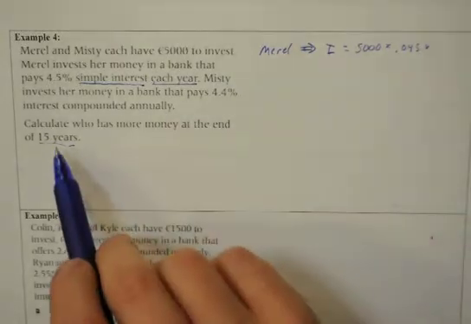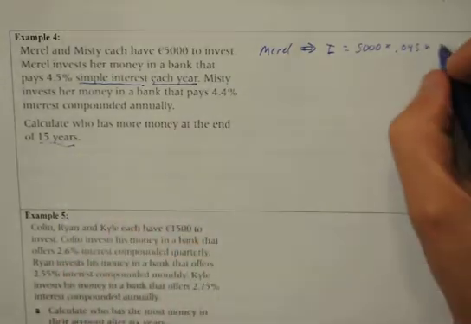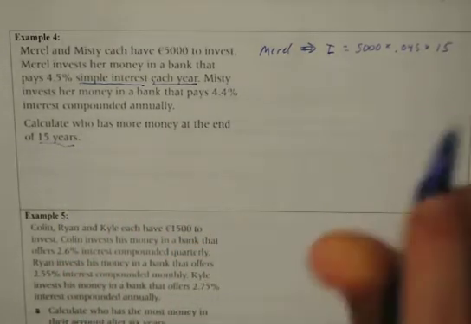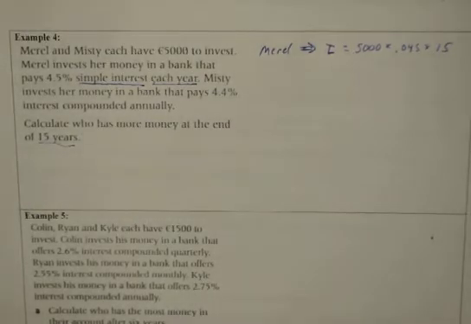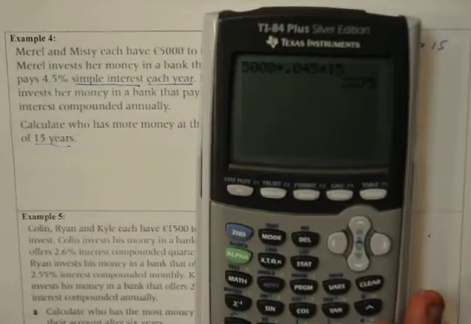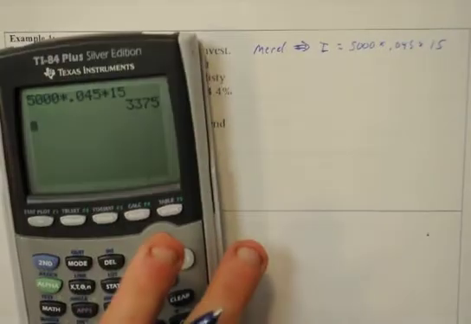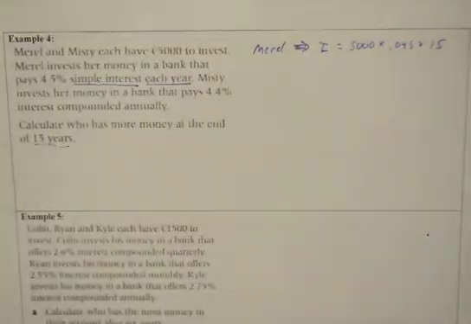Number of compounds. It's just 15. This is just simple interest. We don't have to do 15 times 12. That's all we're doing. This is way easier. This is actually linear, not geometric, when you do the simple interest. So you end up with that number right there, 3,375.